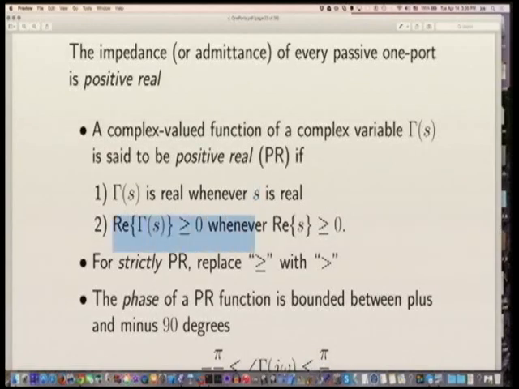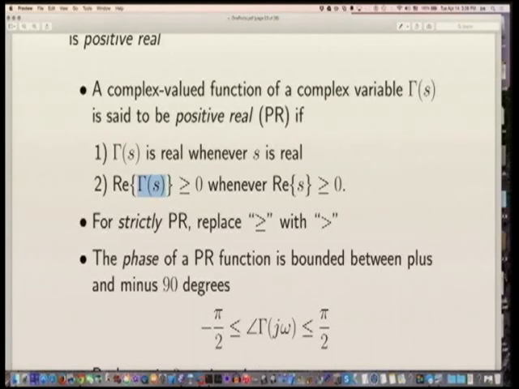So the binding property is this one: when the real part of s is greater than 0, the real part of the admittance must be greater than 0. Intuitively, the real part of the admittance being greater than 0 means that it is net dissipative. Another thing you can see is that you get no contribution to the real part from just a mass or a spring.